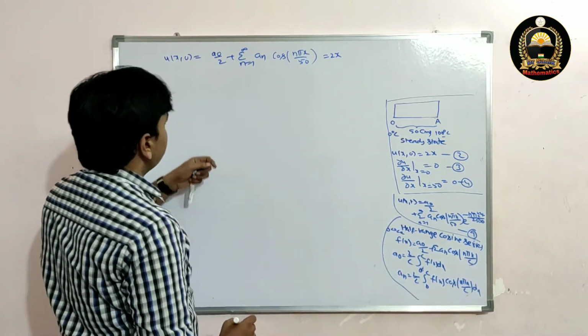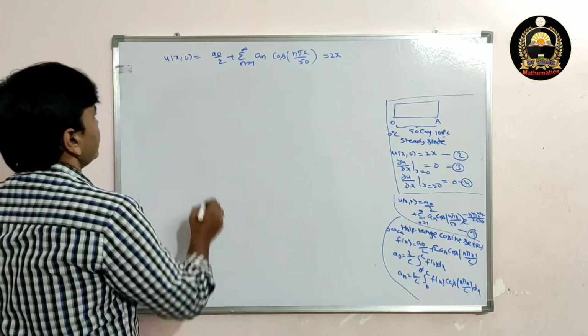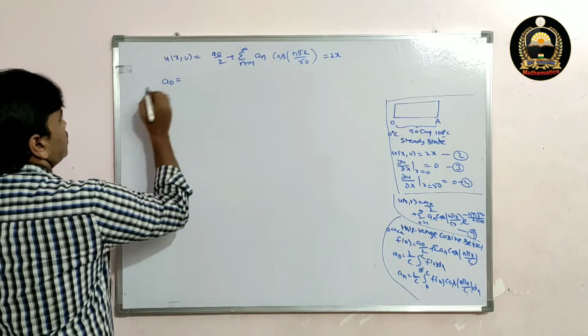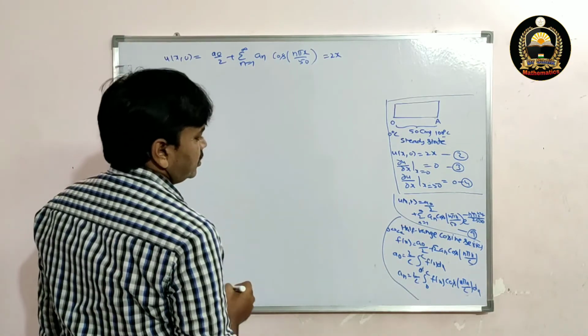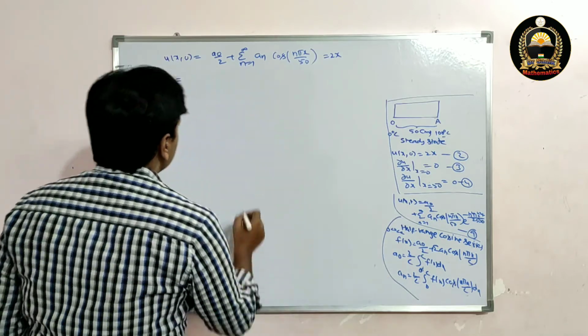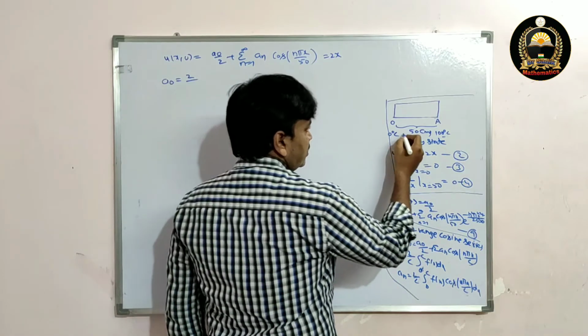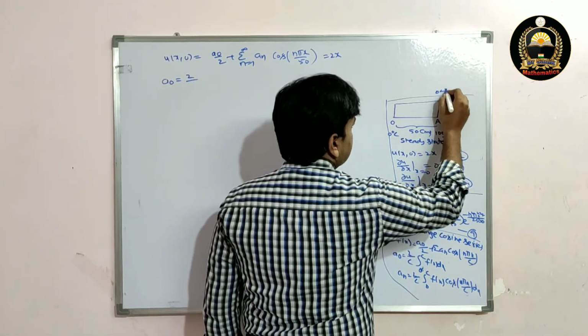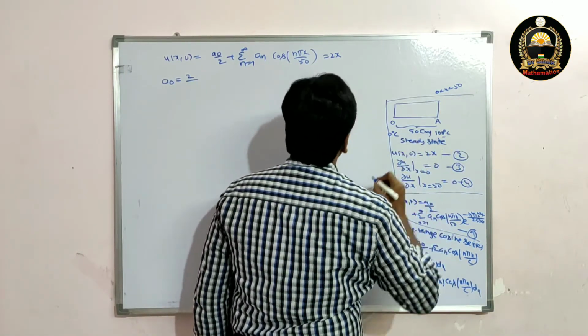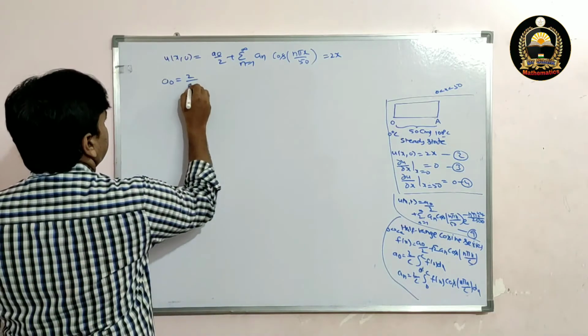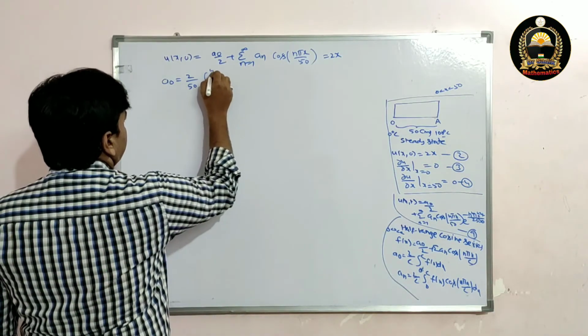So here first I want to find the a naught value. a naught is equal to 2 by c. What is c here? 0 less than x less than 50, so c is 50. So 2 by 50 integral 0 to 50.